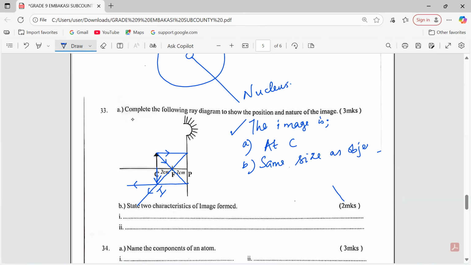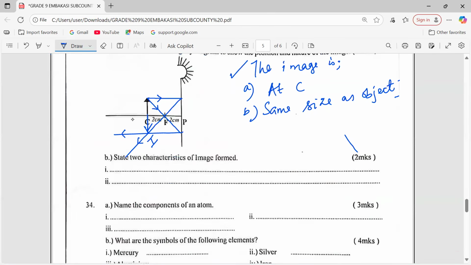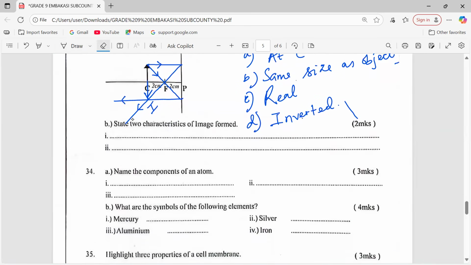As you can see, it has not been diminished. It has not been enlarged. We can also talk about the image being real. And finally, the image is inverted. Instead of inverted, we can talk about upside down. So that's how the properties are supposed to be stated.